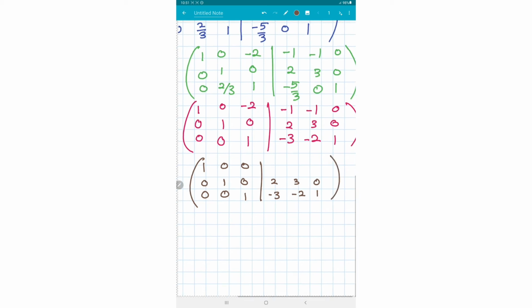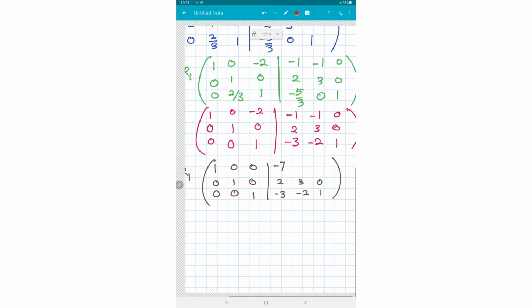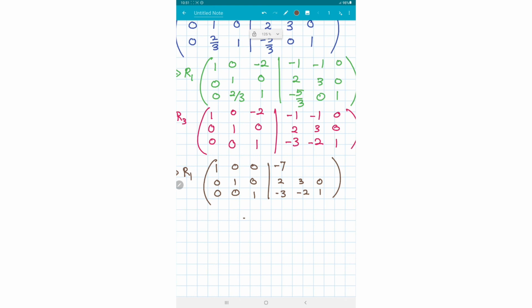Negative 3 plus 2 will become negative 7. Am I right? The first row is negative 1. Negative 1 plus 2R3, so this one is negative 3.